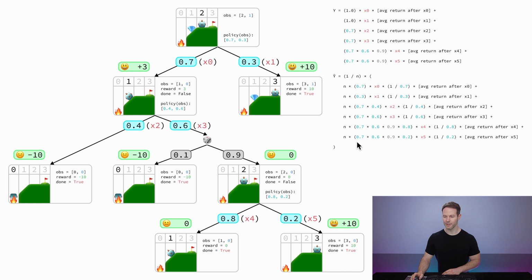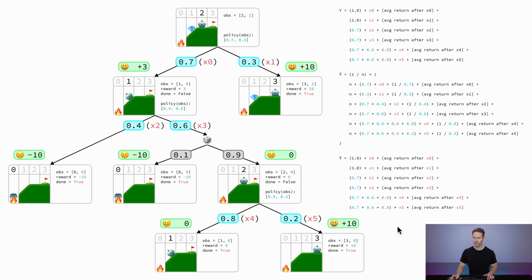And that'll be the same for all these other lines as well. And now you can see this 1 over n will cancel out with these n's, and this 1 over 0.7 will cancel out with this 0.7, and so on and so on. And what we'll get is this value down here, which is the same as this sum up here.